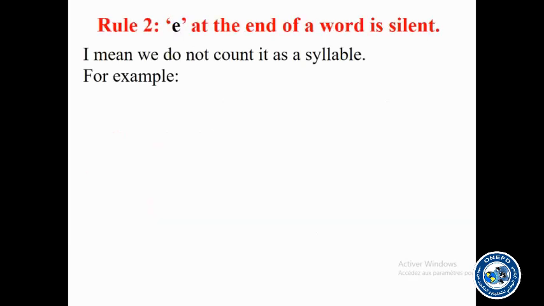Rule number 2. E at the end of a word is silent. So we are not going to count it as a syllable. For example, fine is 1 syllable because the final E is not a vowel sound.